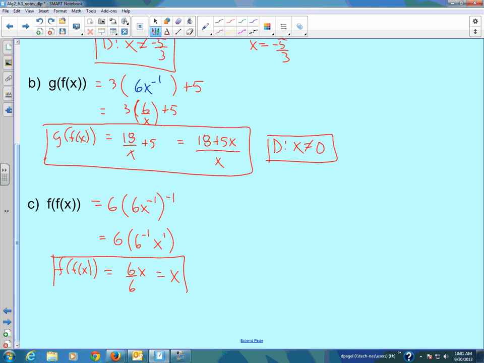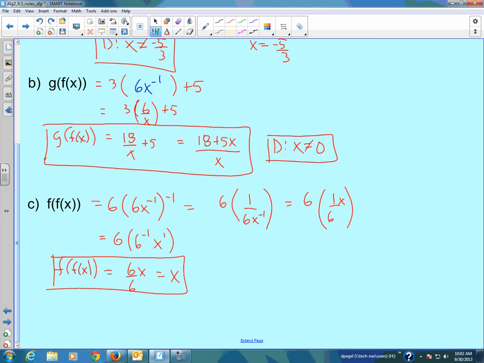Now in terms of its domain, I really have to go back and look right here. I'm going to rewrite this equation: 6 times 6x to the negative first, to the negative first, is the same thing as 1 over 6x to the negative first. And then 6 times 1 over 6, and we can kick that negative 1 power back up.